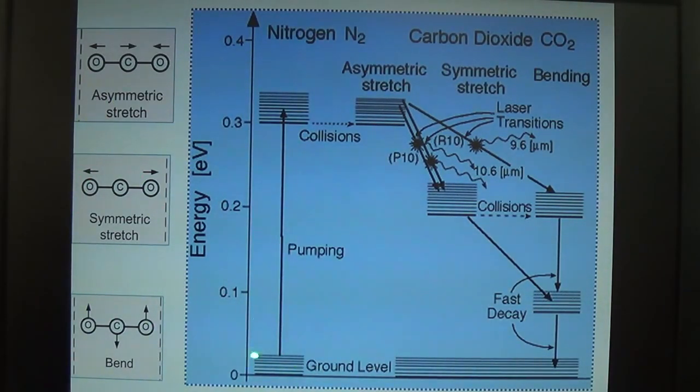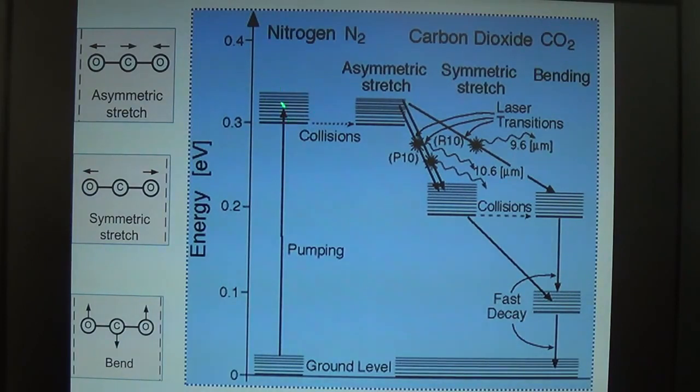First of all, this is the ground level of the nitrogen gas. By the pumping process, we excite this nitrogen gas into this particular excited state, which is near the asymmetric stretching of the CO2 molecule. Right, this side is for nitrogen and this side is for carbon dioxide.